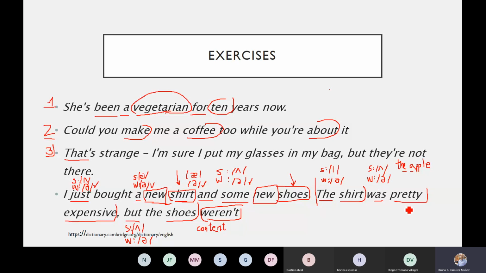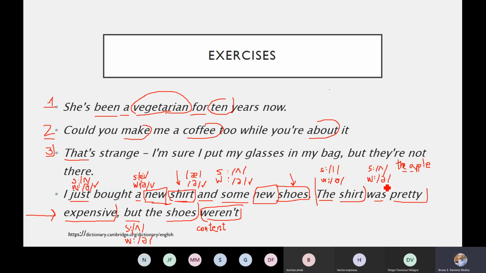The shirt was pretty expensive. I think the very important, meaningful information here is that the shirt was pretty expensive. It's not that the shirt was pretty tight, or the shirt was pretty loose, or the shirt was pretty big. The shirt was pretty expensive. So expensive is a very meaningful piece of information in this sentence.